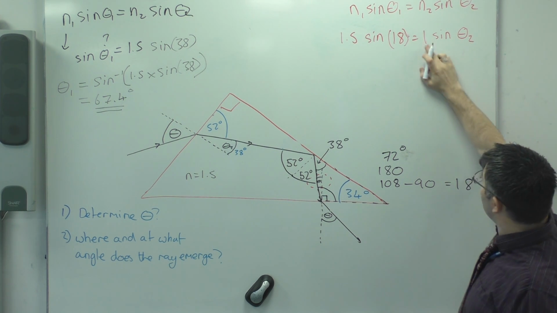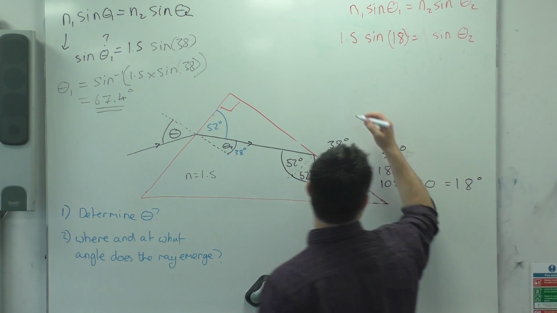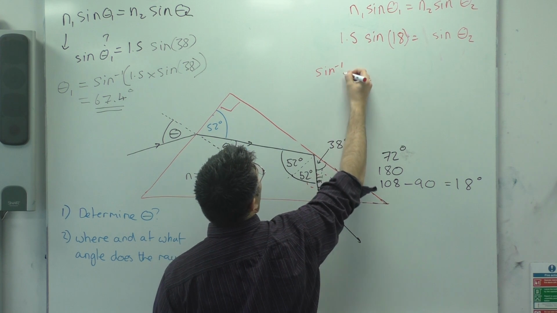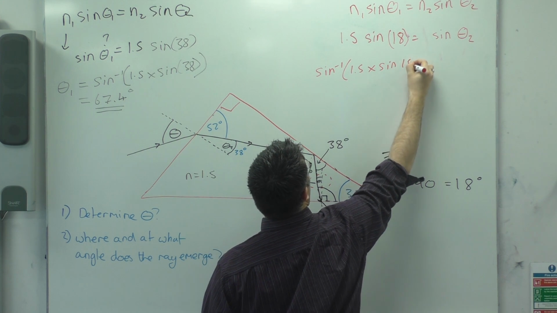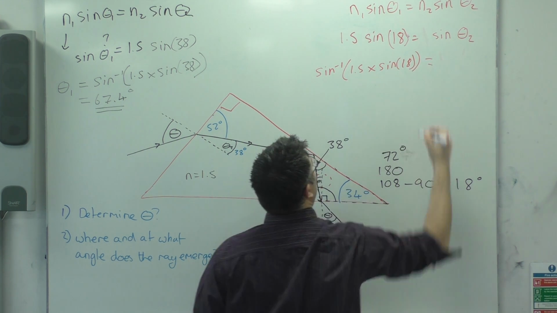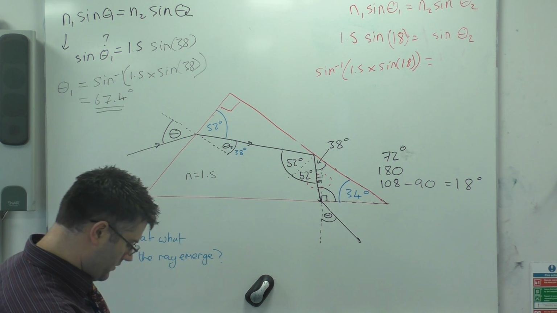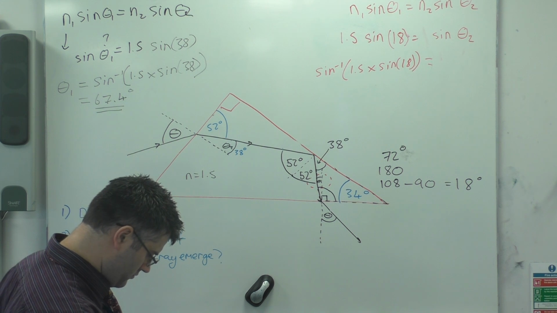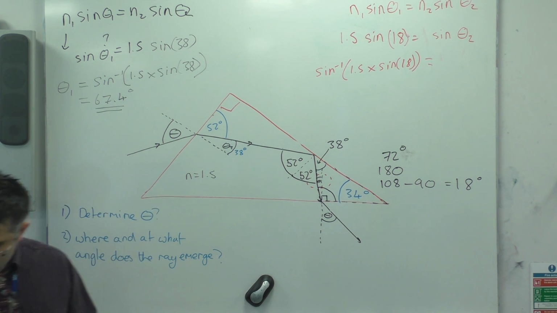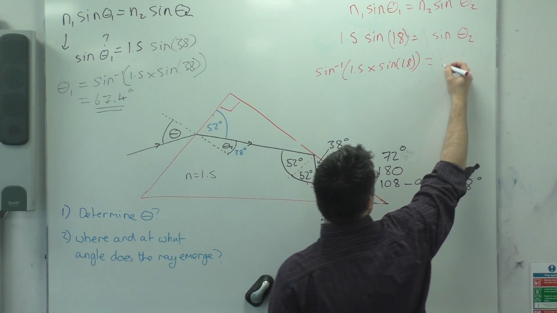So again, we can get rid of the 1s because we're dividing both sides by 1 to get rid of it. That means that we end up with a calculation of sine to the minus 1 of 1.5 times sine of 18. That gives us a refracted angle of 27.6 or 28 degrees.